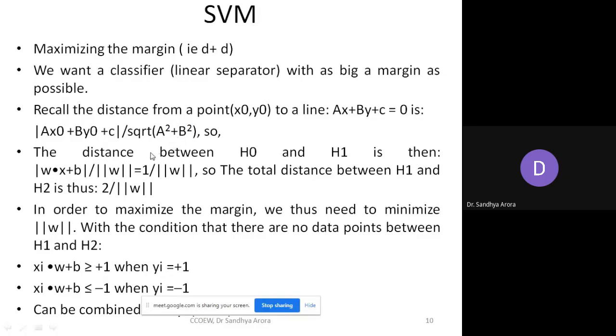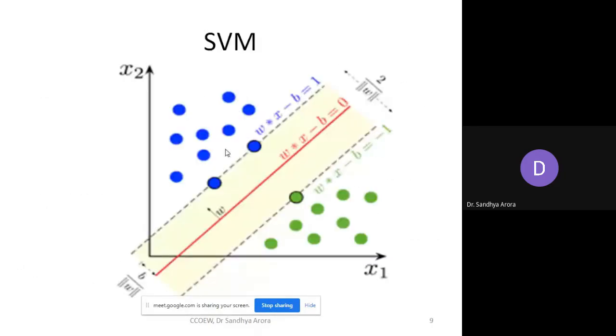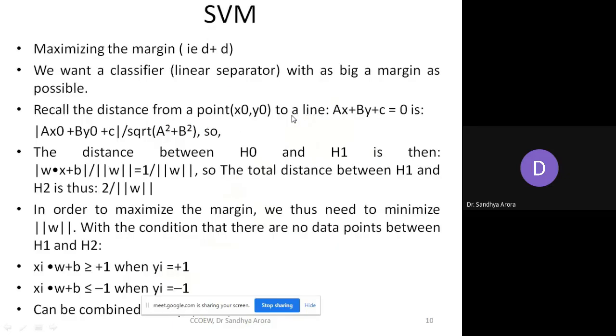If you want to identify the distance from h0 to h1, this is your h0 point, this is your h1 point, and this is the negative side h1 point. So the distance from h0 to h1 will be what? It will be 1 upon w, because the value of wx plus b is 1 on this side, divided by the square root of a square plus b square. Your plane equation is y equals wx plus b.